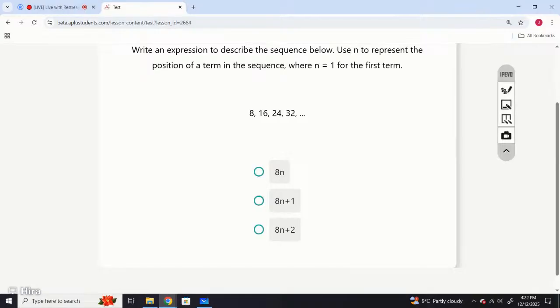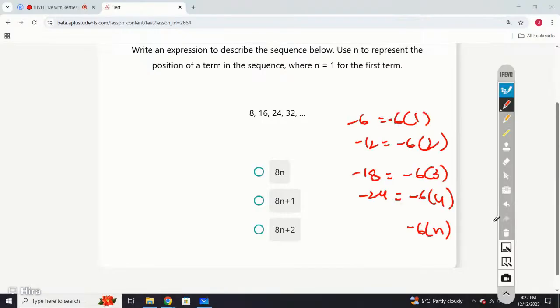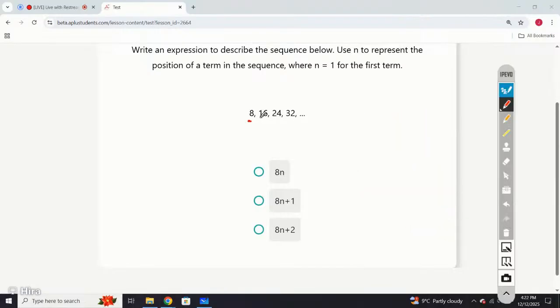Write an expression to describe the sequence below. Use n to represent the position of a term in the sequence where n equals 1 for the first term. So 8 times 1 is 8, 8 times 2 is 16.